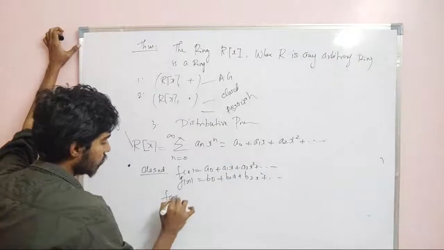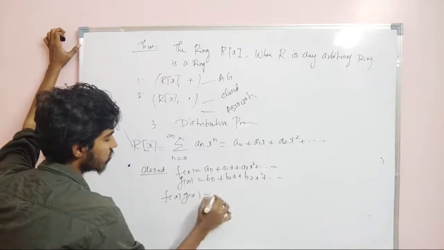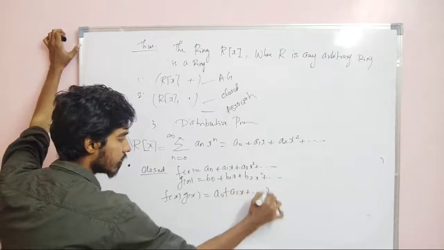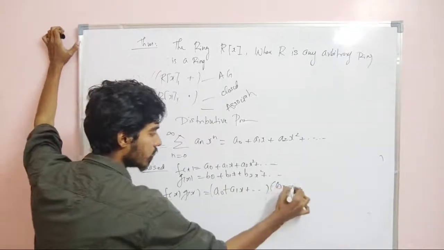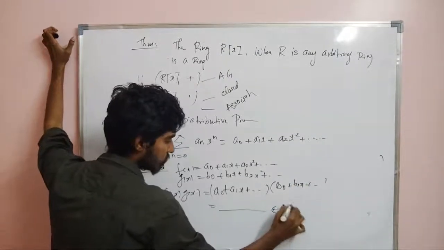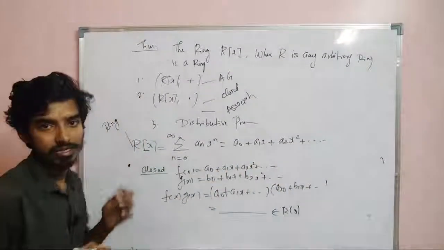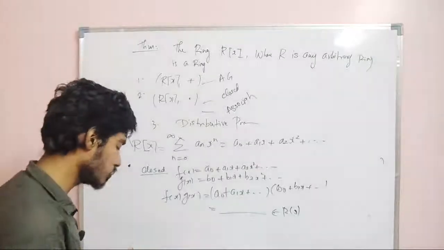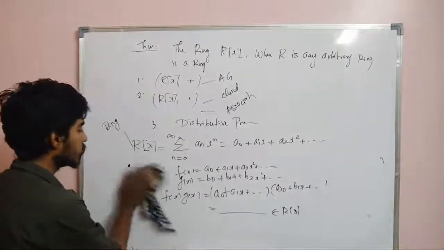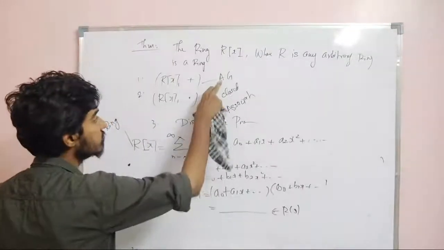Now what about f(x) times g(x)? It is nothing but (a0 plus a1x and so on) times (b0 plus b1x and so on). If you multiply, you will get another polynomial, and this polynomial will be in R[x] again. So it must be closed, and also it is associative with respect to multiplication. Now we have proved these two.